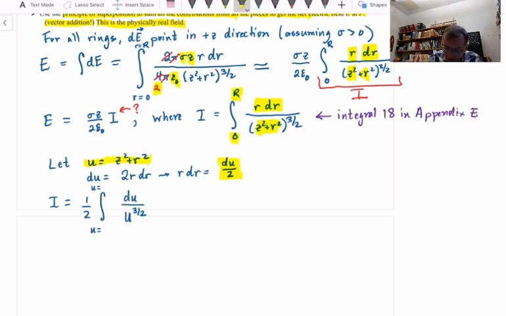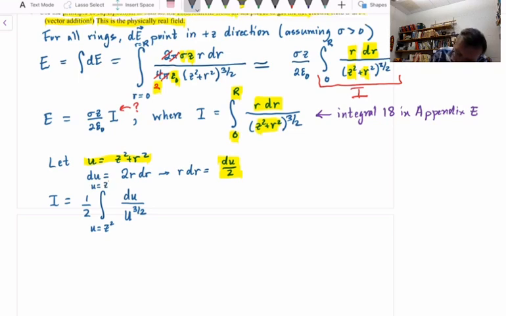Little r equals 0, so the lower limit of u is z squared. For the upper limit in the r integral, the upper limit is big R. Substitute that for the little r squared in the u formula, and you get u equals z squared plus big R squared. And now you've got your integral to do.